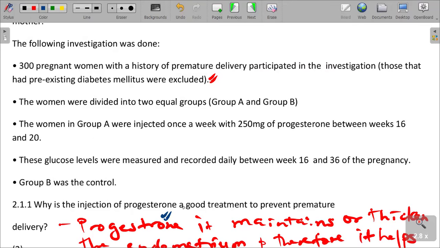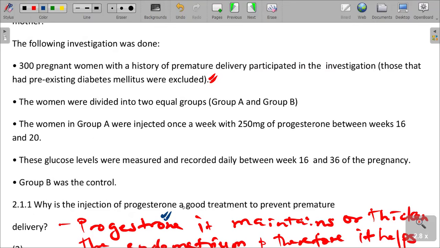We need to understand where we talk about the issue of progesterone and the development of gestational diabetes mellitus. An investigation was done in terms of the administration of progesterone treatment and also the development of gestational diabetes mellitus.